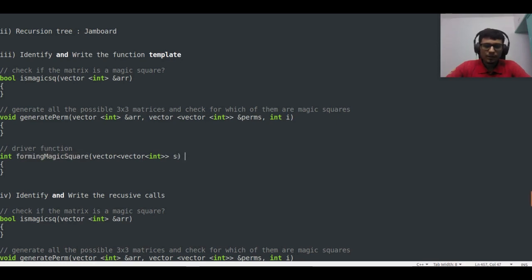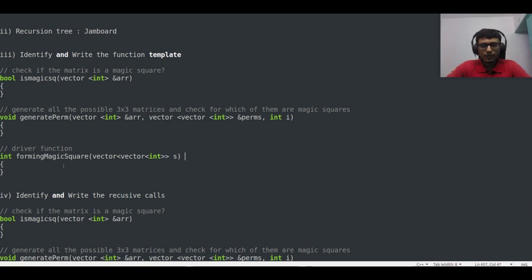This function takes the matrix S as the input, which is nothing but our input matrix S, which is of type vector of vectors, and its return type is integer because we want to return the minimal cost of converting S into magic square, which is an integer number. So this is the driver function, so it will call this function generate perm, which will generate all the permutations for the set of numbers from 1 to 9, or in other words all the possible 3x3 matrices.